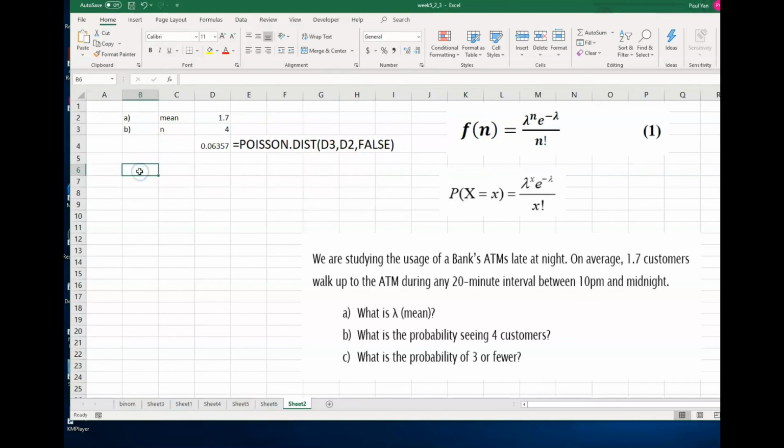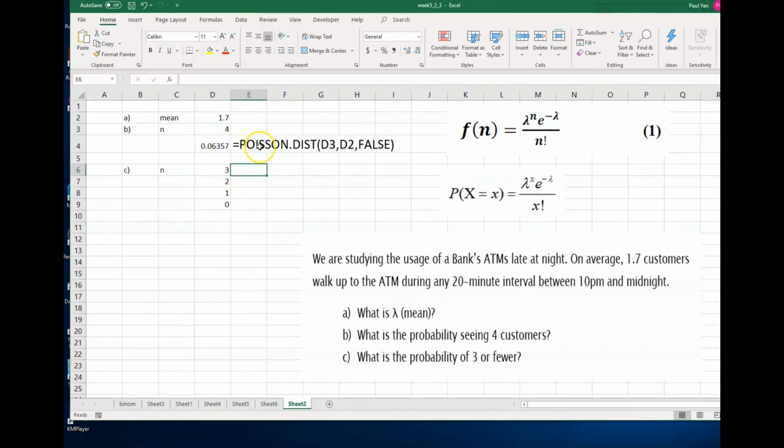So let's look at C. C asks, what is the probability of 3 or less? So this is n. Let's use 3, 2, 1, and 0. One way we look at it is simply equal 3, equal 2, equal 1, and 0, and we add them together.